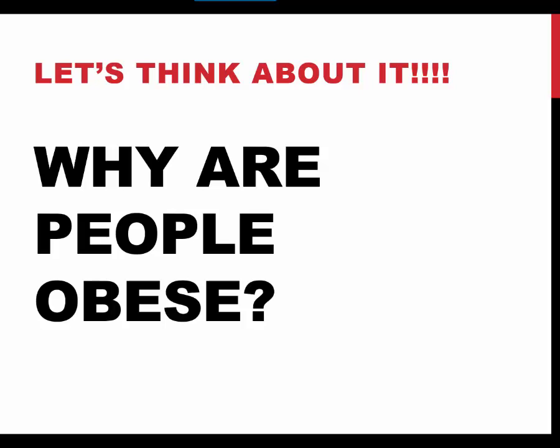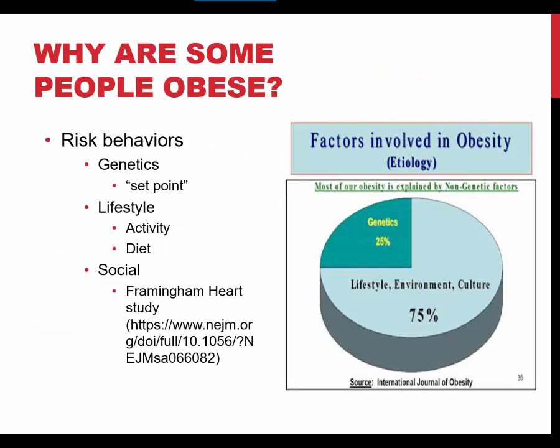Another reason why we consider obesity a social issue is if we think about the reasons why people are obese. Certainly, there are many reasons that can contribute to someone being obese, one of which is genetics. We do know that people have what is called a set point, a kind of weight that their body likes to be.